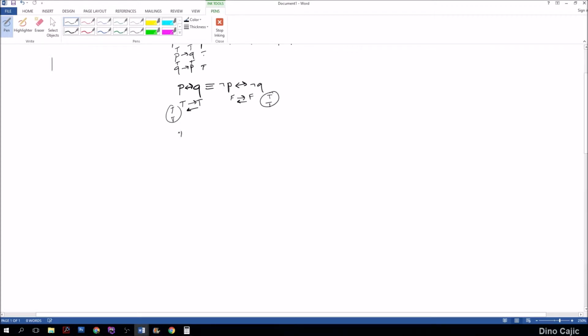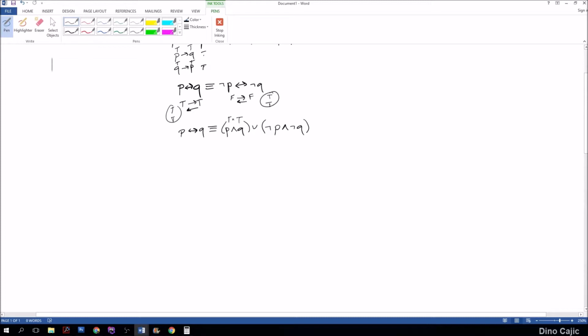Looking at the next one, P if and only if Q is equivalent to P and Q, or not P and not Q. Okay, so let's see if we can think about this. P and Q have to be both true, right? If we wanted this statement right here to be true, we said P is equal to true and Q is equal to true.